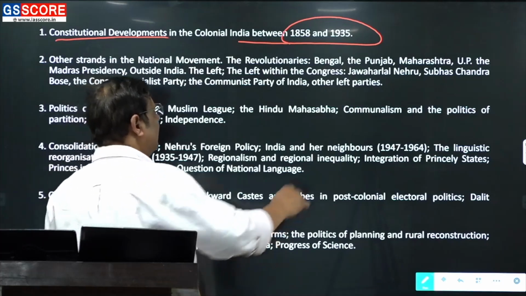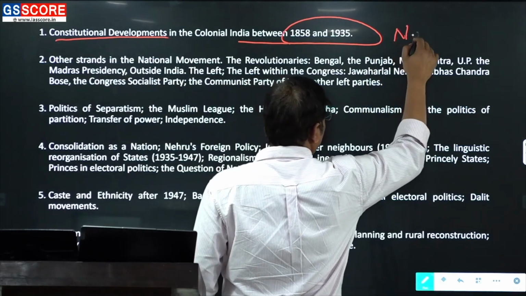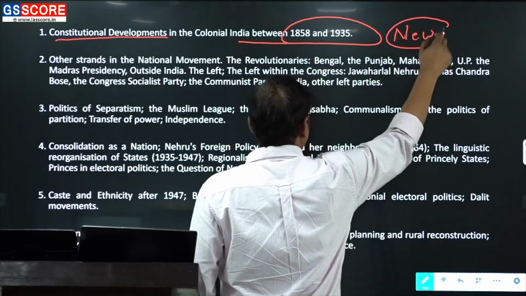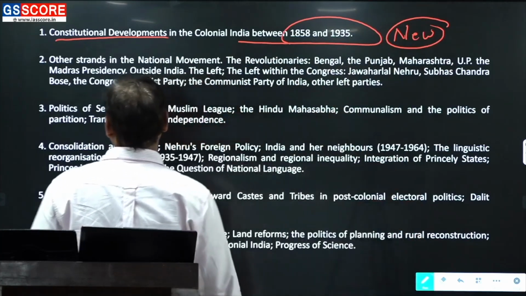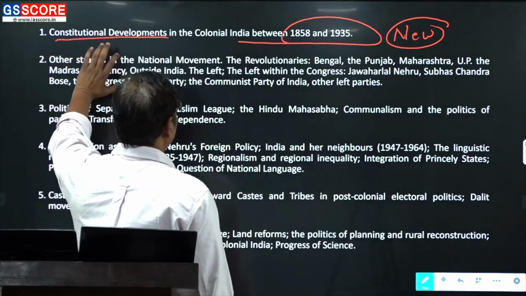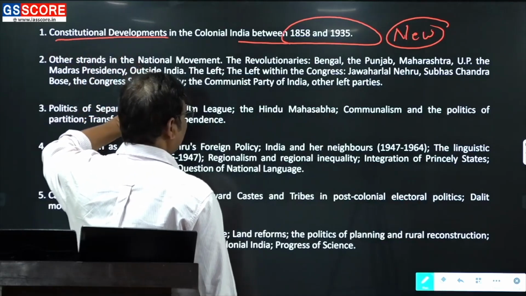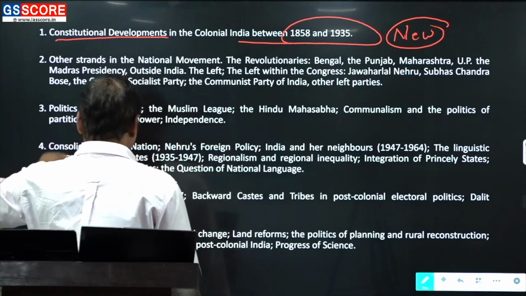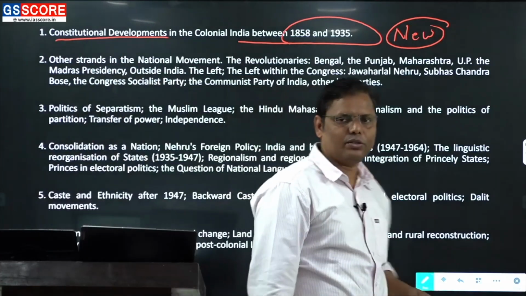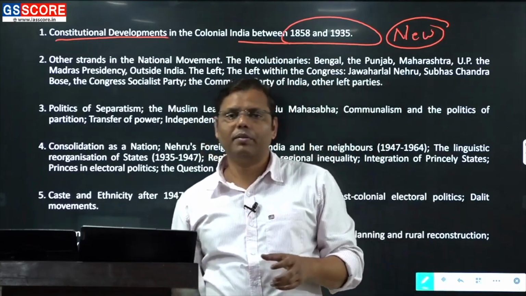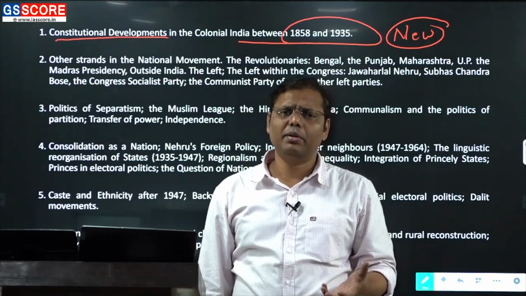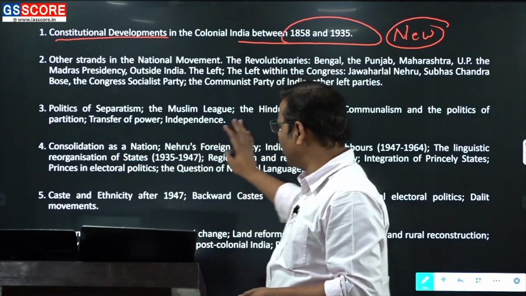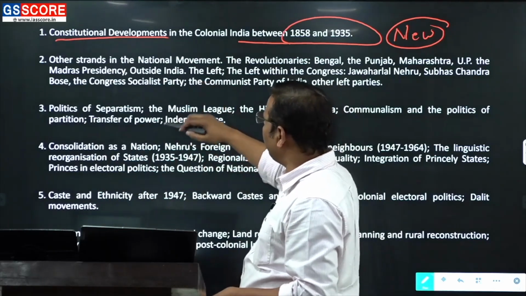Frankly speaking, there is nothing new to be done in this part, but yet the questions are coming from it. Prepare these three acts well, and their features well, because if you write answers to these questions without mentioning the provisions or features of those acts, you won't be able to do justice to the questions. Nothing new in this part. Just leave it and move on to the next one.